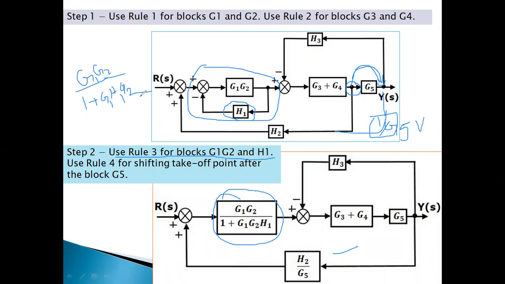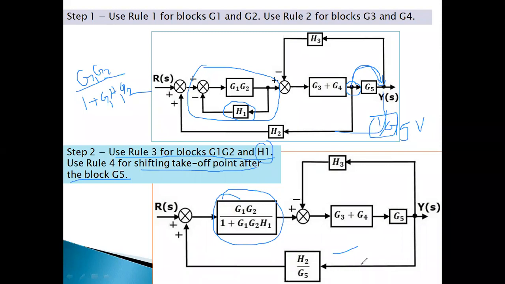Okay, so here we have applied two steps. One is eliminating feedback H1 and the other is moving a takeoff point after the block G5. Like that we have to write. Now try to draw this figure.